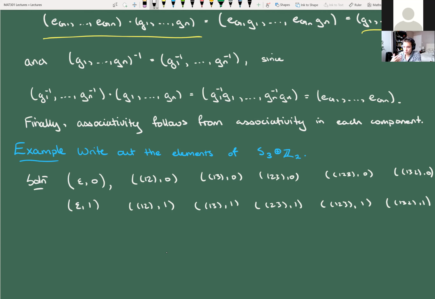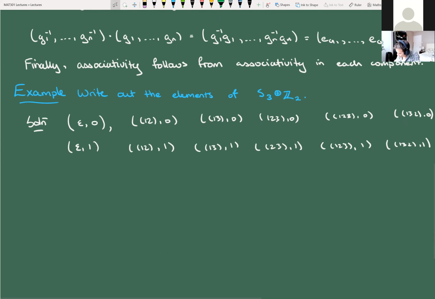And then if you wanted to actually do, let's do a product of these things. The example doesn't ask us to do it, but while we're here, let's do one. So if I did something like 1, 3, 1 times 1, 3, 2, 1, right?